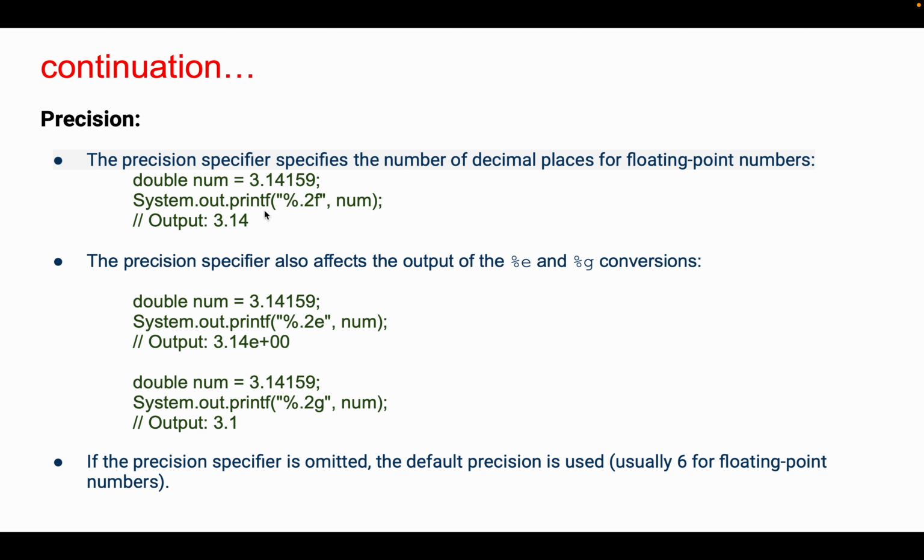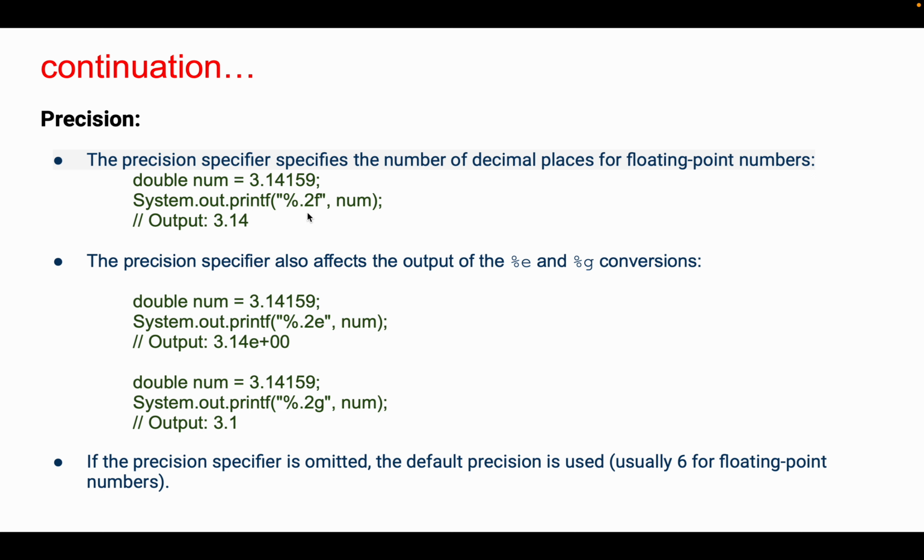When we use the printf method with %.2f, we are defining the number of digits after the decimal point. Here we are giving 2, so this will be shortened to 3.14 only. That means after the decimal point it is considering just 2 precision points.